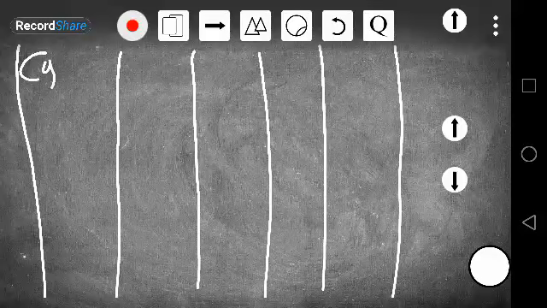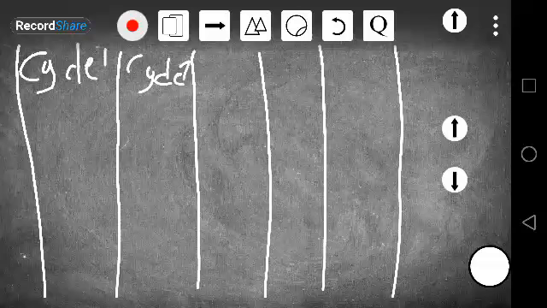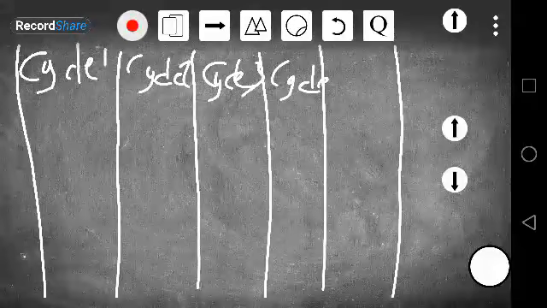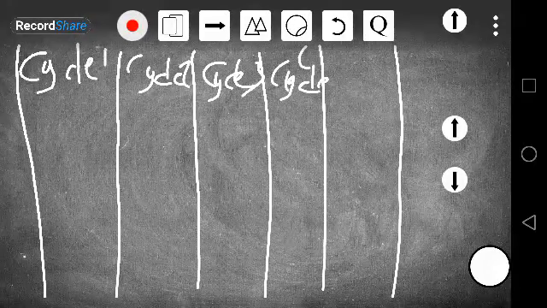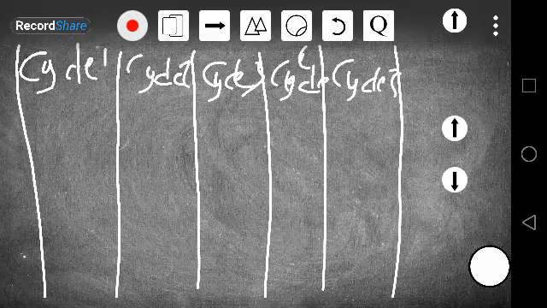So this is cycle 1, this is cycle 2, this is cycle 3, cycle 4, cycle 5.